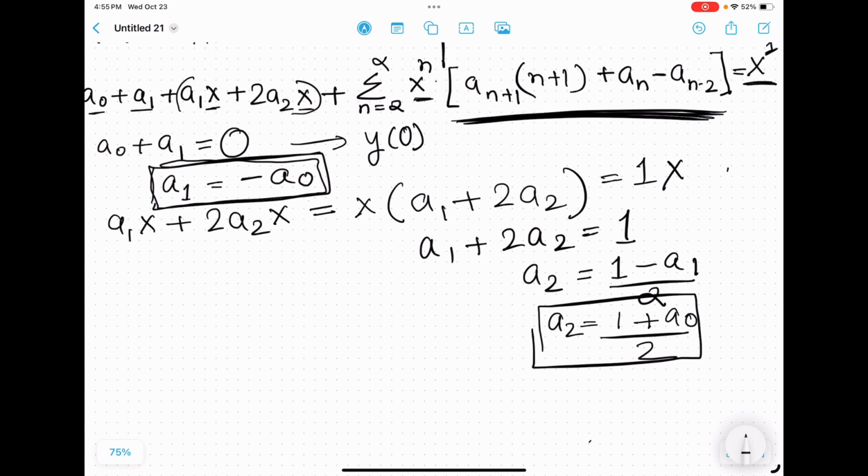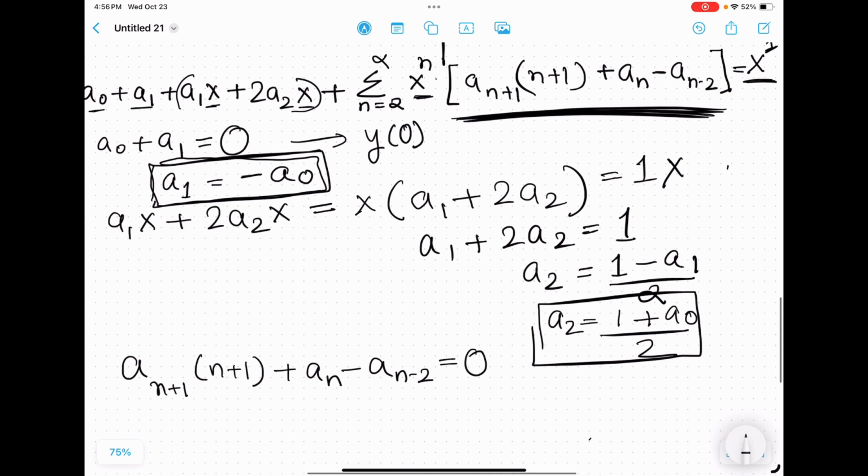Our series starts from n equals 2, so it's x squared, then x cubed, x fourth, all the way up to infinity. Whatever the power is, it's always going to be 0 because there are no coefficients on the right-hand side. So I can write (n plus 1) times a sub n plus 1, plus a sub n, minus a sub n minus 2, is equal to 0.